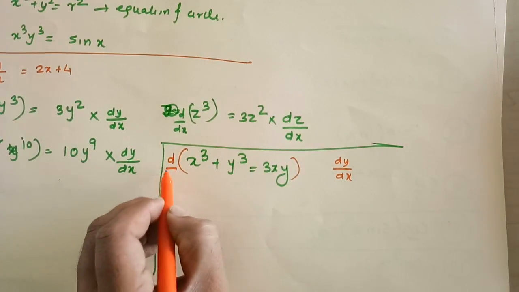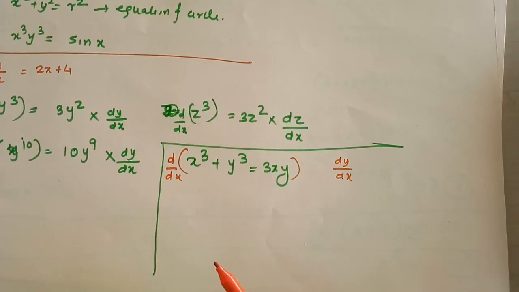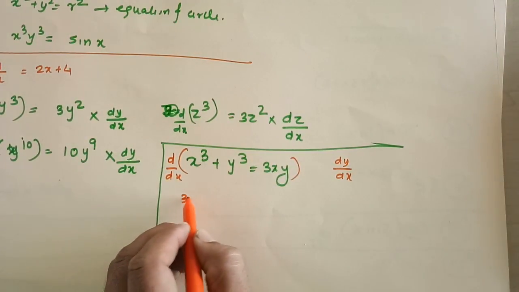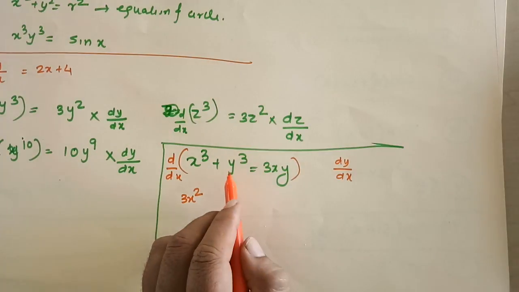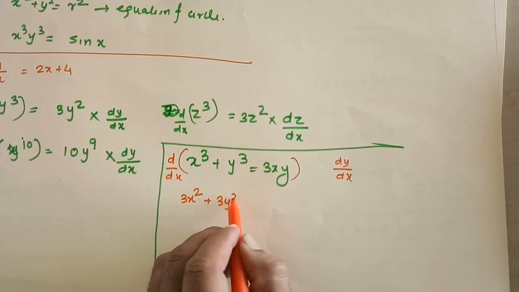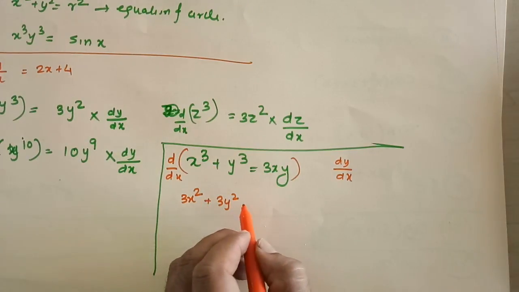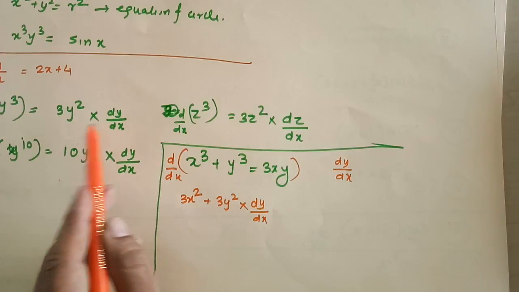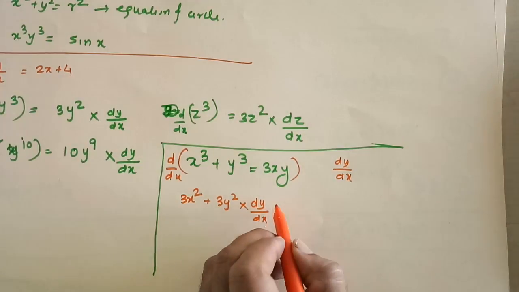So we differentiate d by dx with respect to x. The derivative of x cube is 3x squared, and the derivative of y cube is 3y squared, plus, times dy by dx, as in the earlier example.